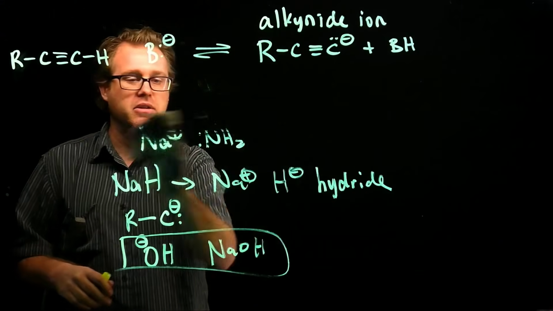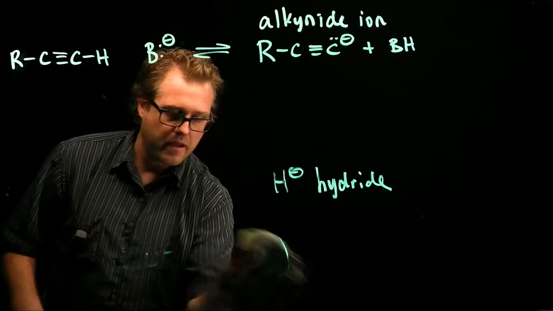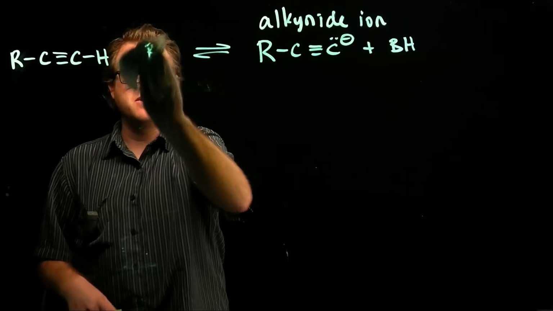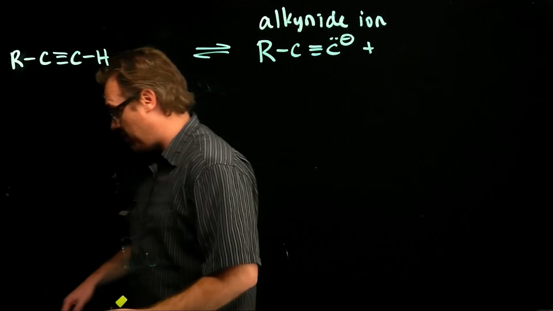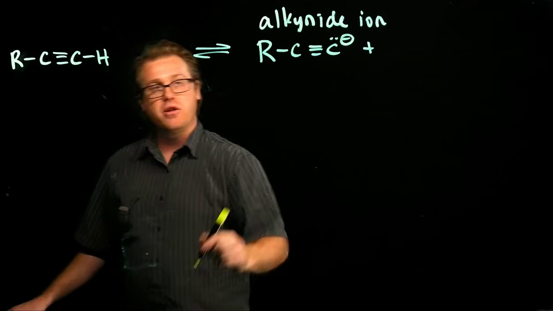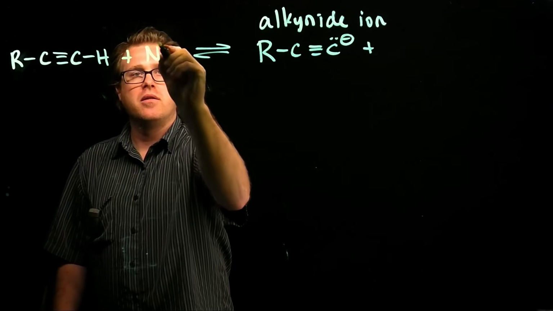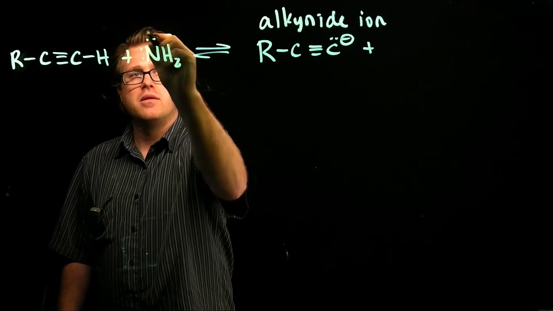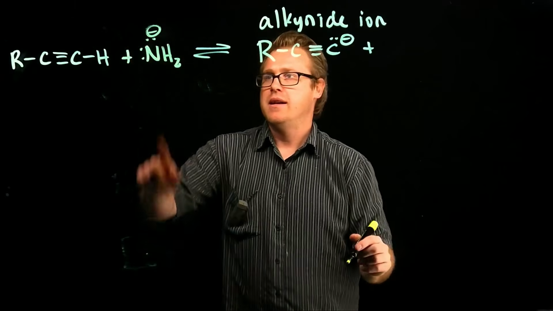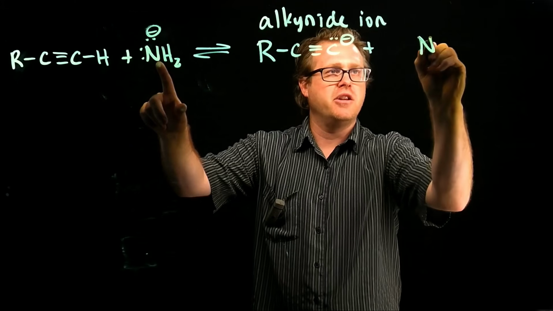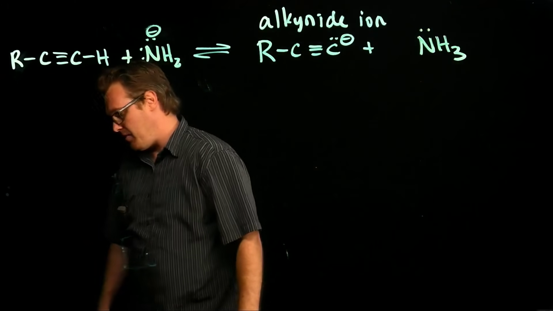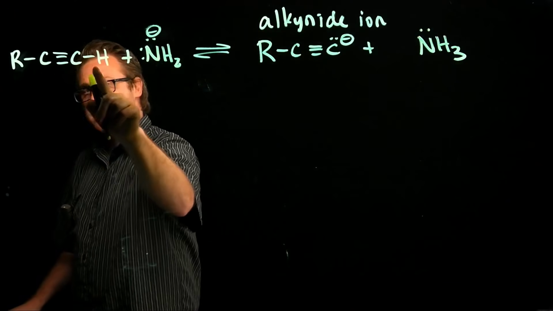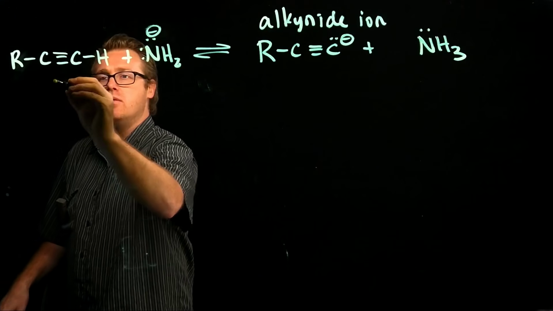Well, we have to look at equilibrium for that. So we've done acid-base chemistry, so we're going to do something that we've already done before. So if we put our sodium amide in here, negatively charged here, so that's the base, so that's going to turn that into ammonia, right? So what we have to do is look at the pKa values of each acid. What's the pKa of this guy?